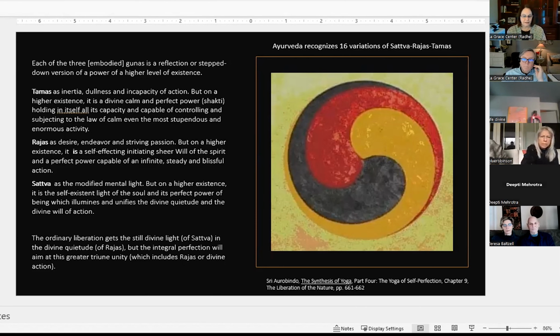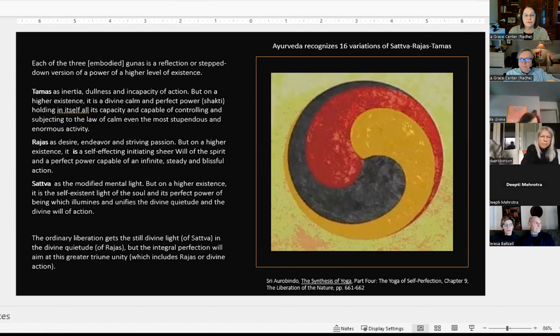It's not that we all want to become sattvic, if you will. They each play their role, and you can see the picture here. They're all three intertwined and in balance when they're in their divine state. And the second one is Rajas. Again, we typically say it's desire, passion, ambition, endeavor.